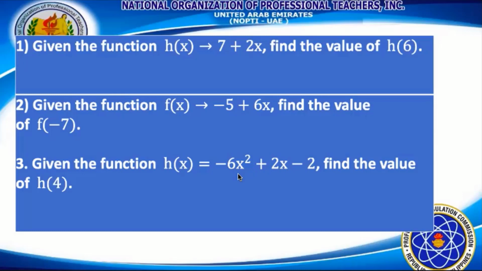So, 4 times 4 is 16 times negative 6. Tapos dito naman is 2 times 4 minus 2. What's the answer? Substitute the value of x into 4. Ano ang sagot sa number 3?